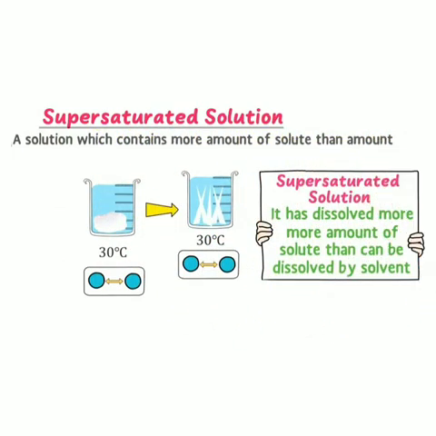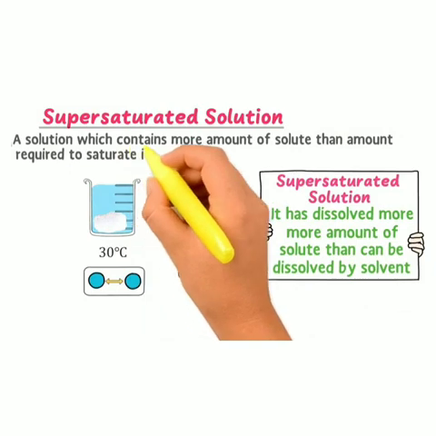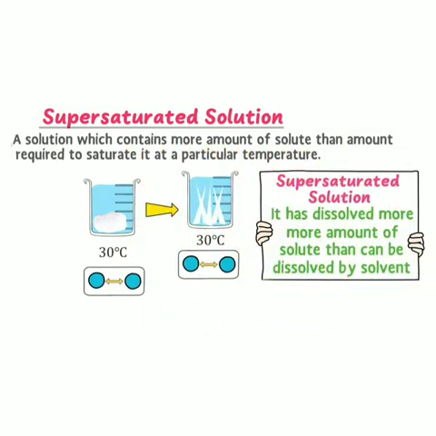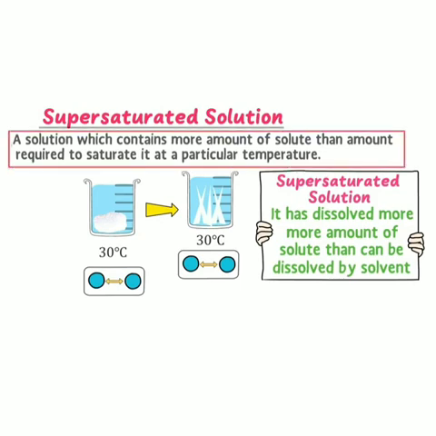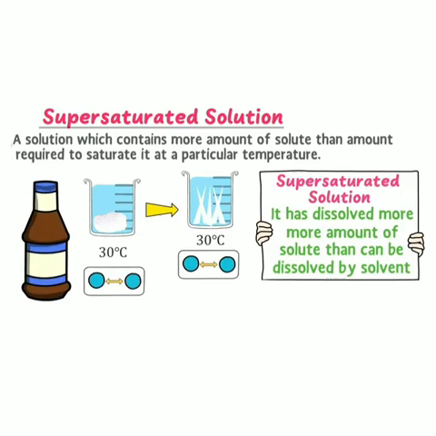A solution which contains more solute than the amount required to saturate it at a particular temperature, understand? Yes. Now see here, again we will repeat all that, saturated, unsaturated and supersaturated.